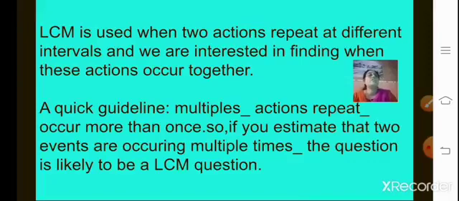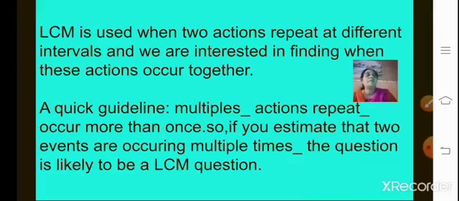That is when the actions go on repeating again and again. The keyword is where the multiples of a number are given, where the actions repeat or occur more than once, and if you estimate that two events are occurring multiple times, the question is likely to be an LCM type of question.